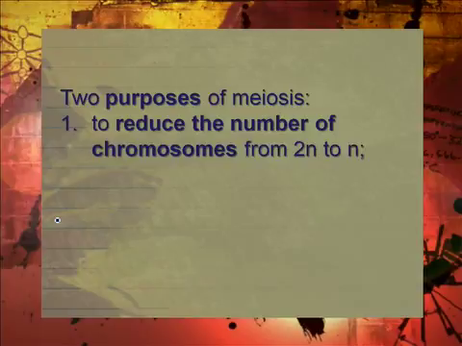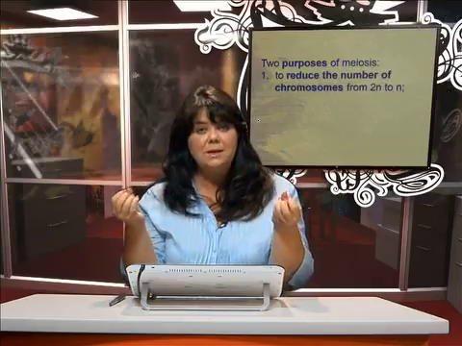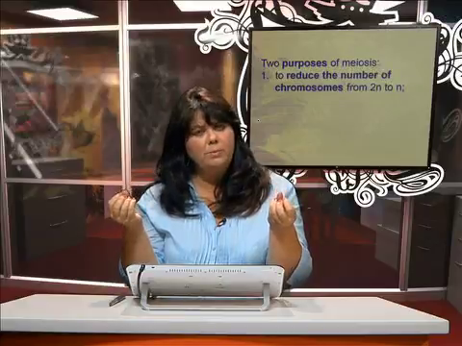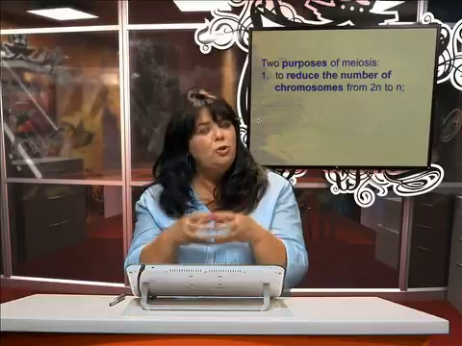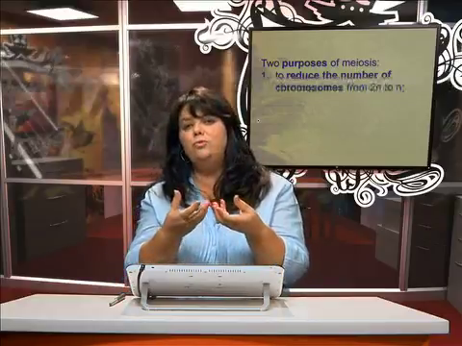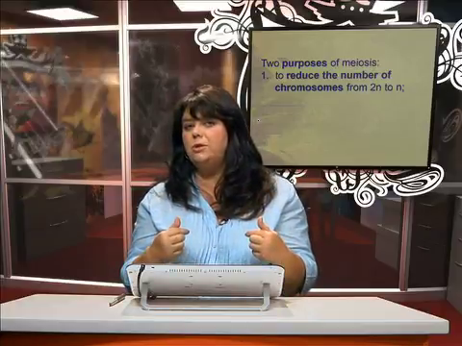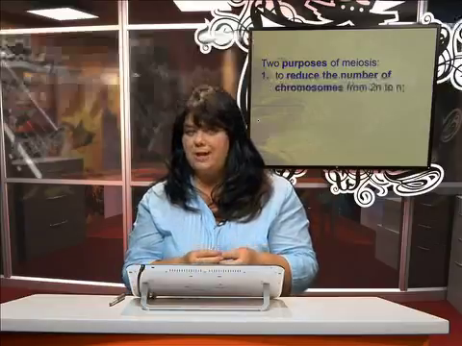Now you need to understand that if we're going to have a sperm cell and an egg cell combining, and each has got 46 chromosomes in it, we've got a problem, because when they combine, that is not going to be a human number of chromosomes. We need to reduce the number of chromosomes before we can put the sperm and the egg together.